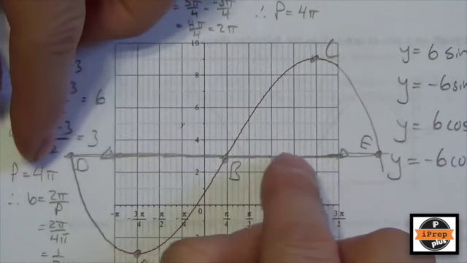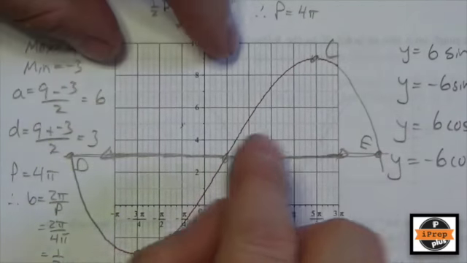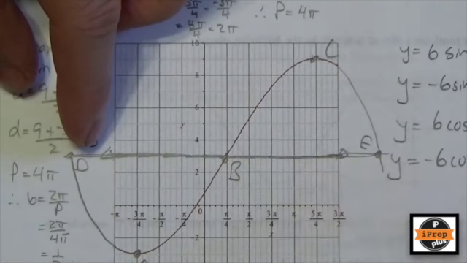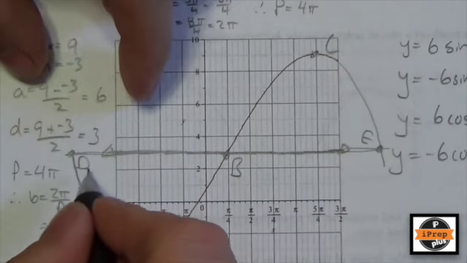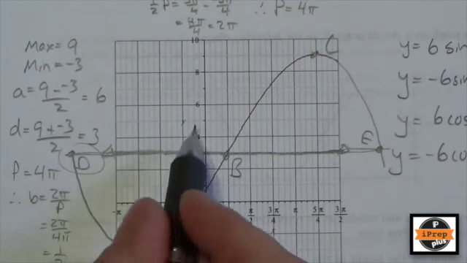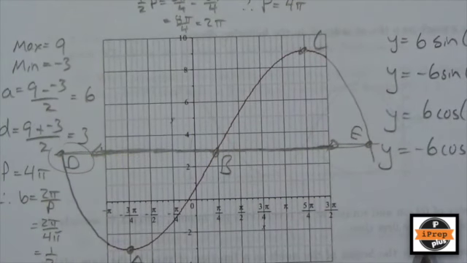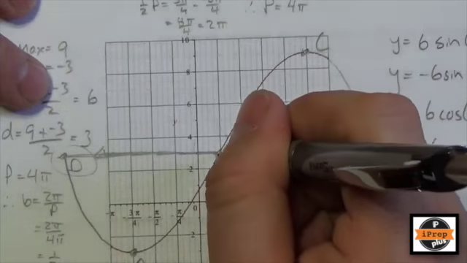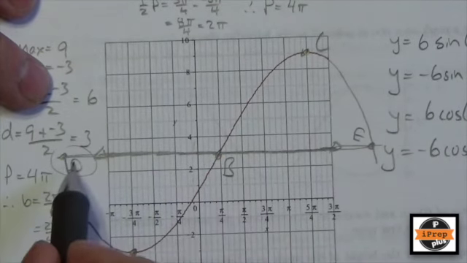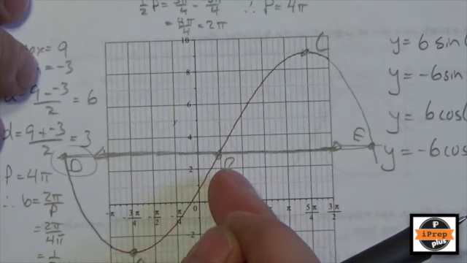B has been moved to the right, which means D moved closer to the y-axis, and E moved further away. This is the one that I want. I've got to figure out how far away D is from the y-axis. B is right here at pi over 4, and D is a half period away.